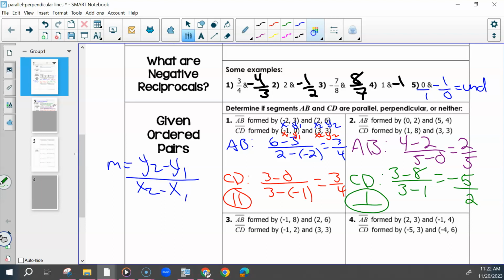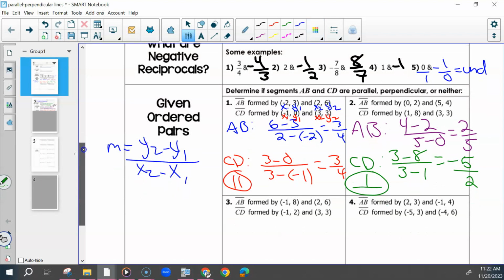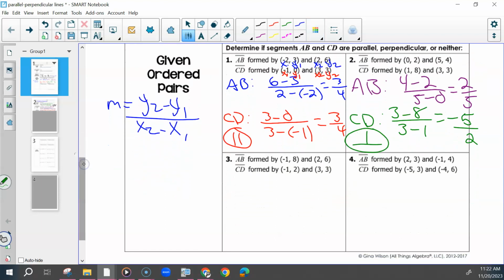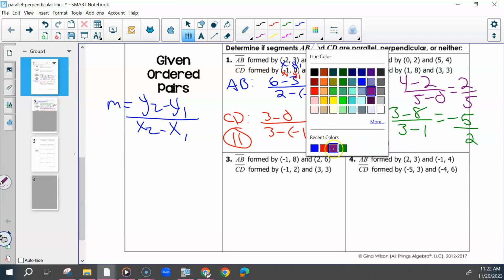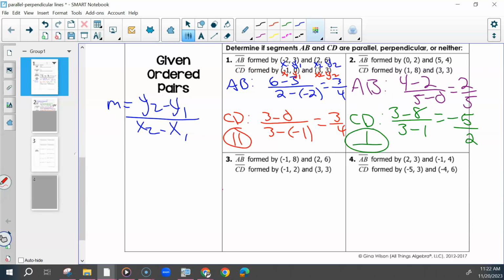Jackson, I should write this one. Okay. Questions on this process so far? This is just a piece of it. Great, we're going to do 2 more of these, one on this page, one on the next page. So, slope of AB here, 6 minus 8 over 2 minus negative 1.